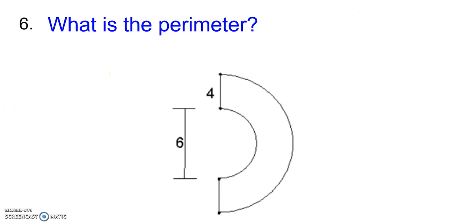Okay, number 6, I want you to pause the video and try this one on your own. Okay, so what you should have noticed is that these are actually concentric semicircles. So if you were wondering if that's true, that is true. These are concentric semicircles.